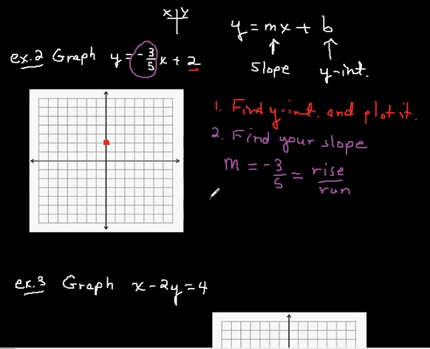The next thing you want to do is start at the y-intercept and mark out your slope.